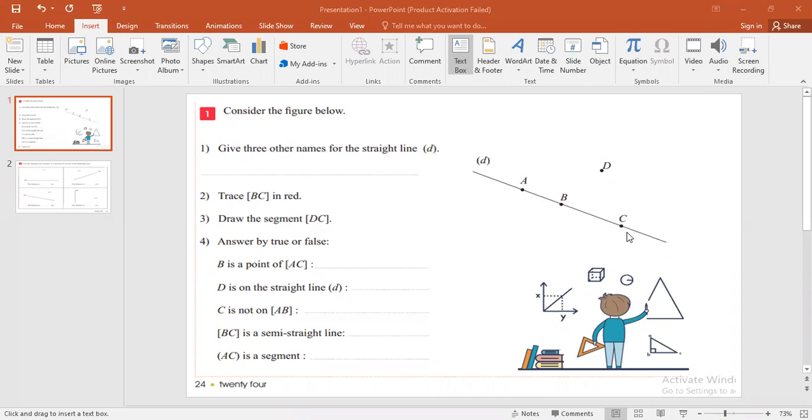To give other names, we have to find two points on this straight line and we name it using these letters in capital. So let's name it.